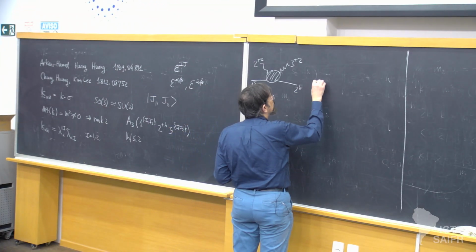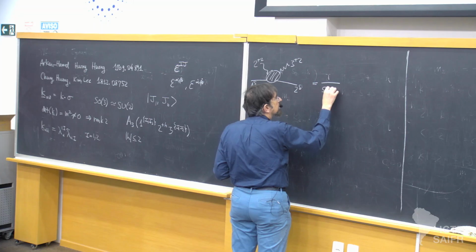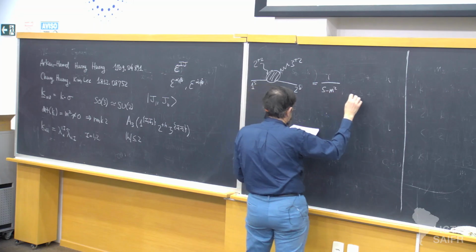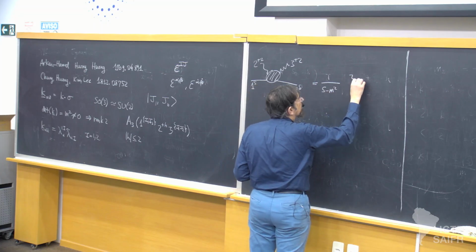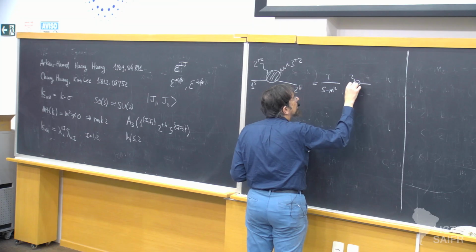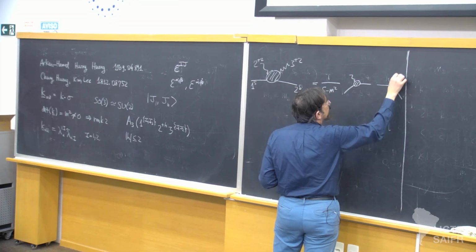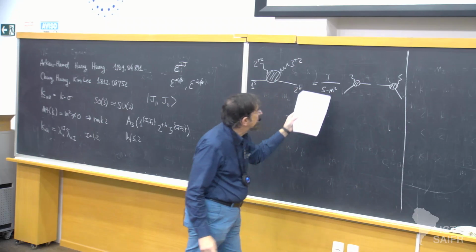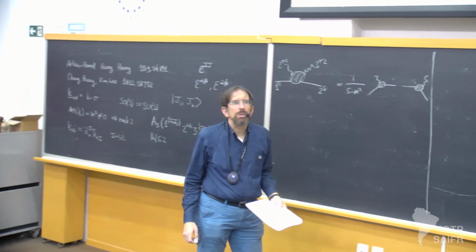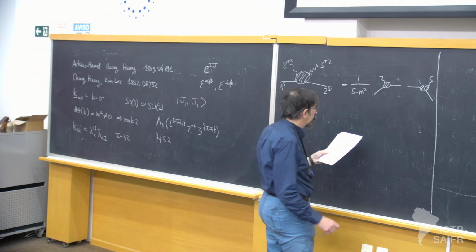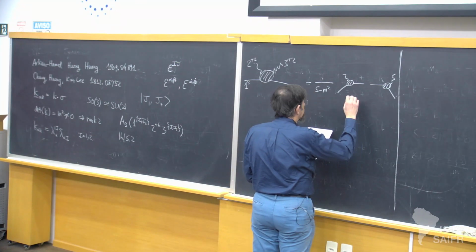It's going to have the form 1 over s minus m squared, and then we're going to have a product on the pole, a product of two 3-point amplitudes, which are going to be equal mass. We're not changing the mass here, so it corresponds to the thing that we've just written down.